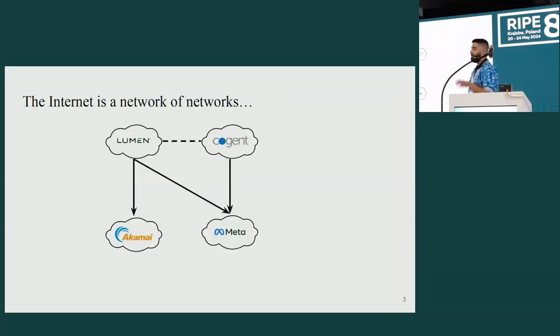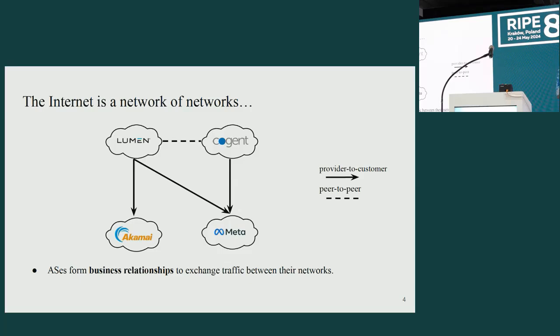Before jumping into the main point of this presentation, I'm going to explain a few basic things on how the interdomain routing system operates. The internet is a network of networks, and these networks are called autonomous systems, and autonomous systems form business relationships between them because they want to exchange traffic between their networks.